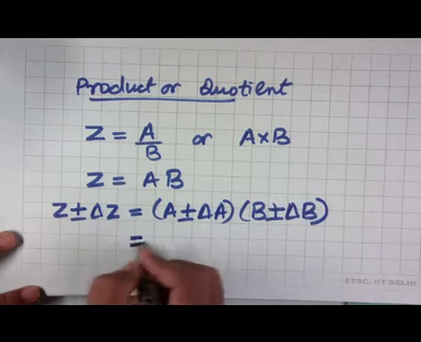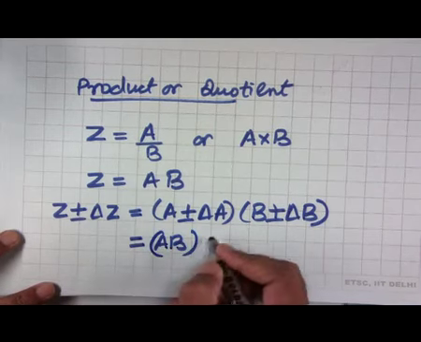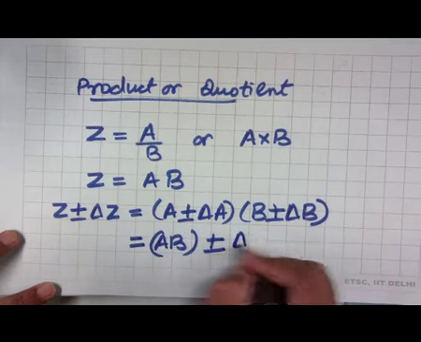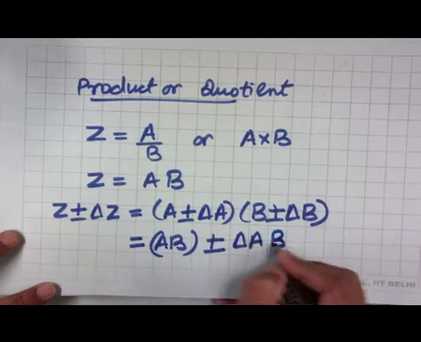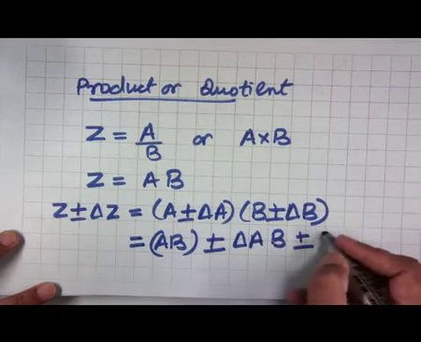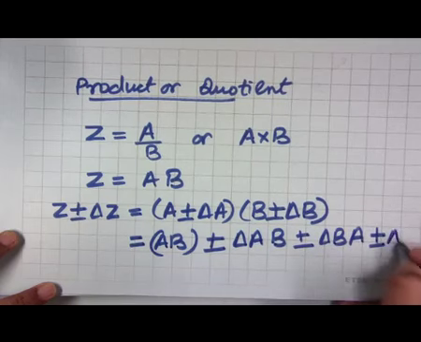And now, when we expand this, this will become equal to a b, and then we have plus minus delta a times b plus minus delta b times a plus minus delta a delta b.